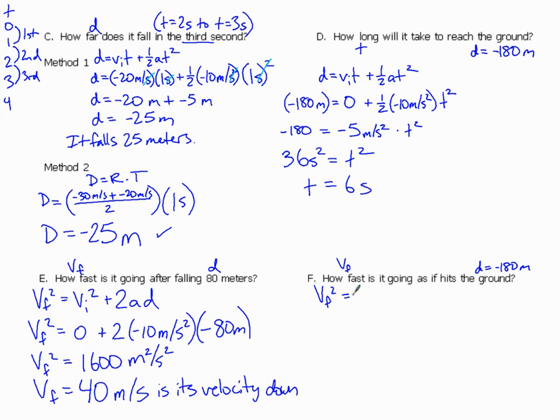Final velocity squared equals initial velocity squared plus twice the acceleration times the distance. So filling in the things that we know, initial velocity of a dropped object is 0, plus 2 times the acceleration of gravity, negative 10 meters per second squared. And the distance here is negative 180 meters.